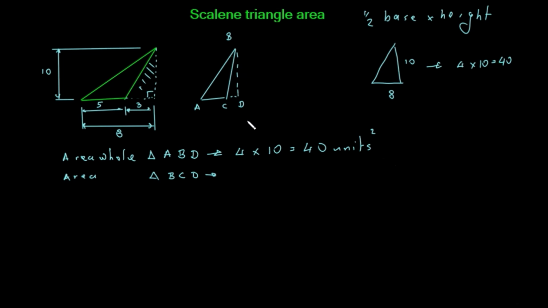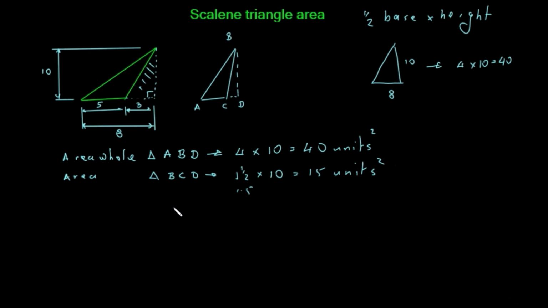Half the base times the height. The base is 3, so half of the base is 1.5, times the height, 10. You can see now why I picked 10. Well, 1.5 times 10 is 15 units square.